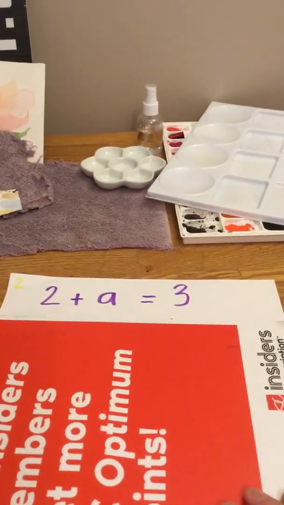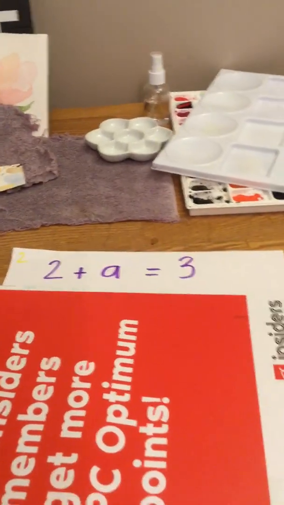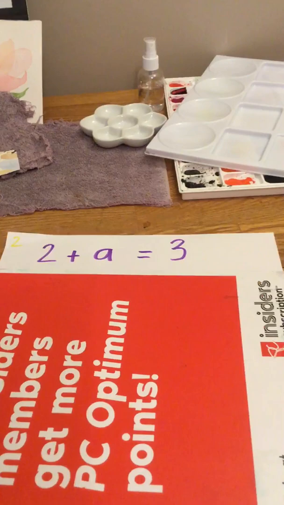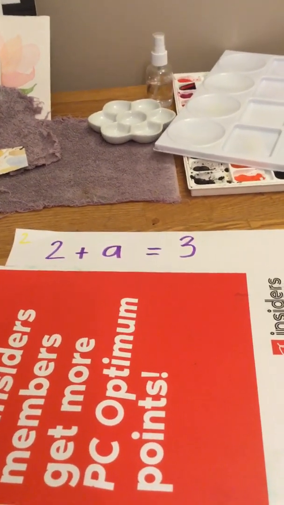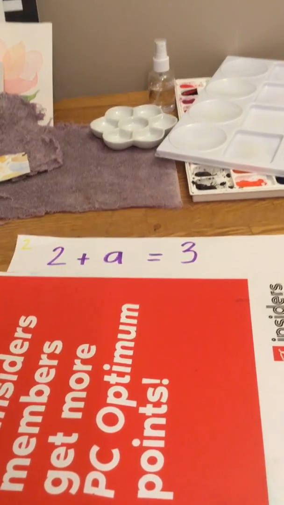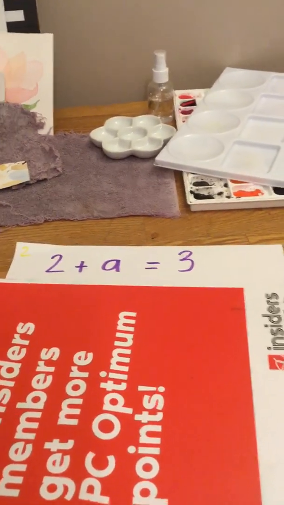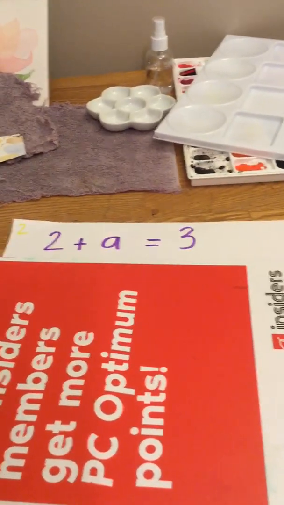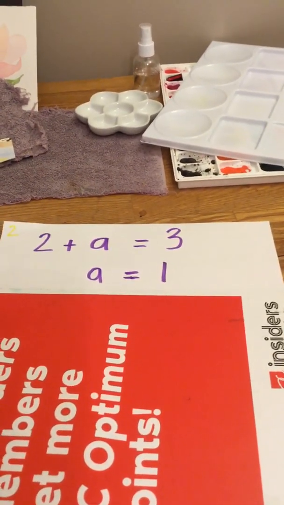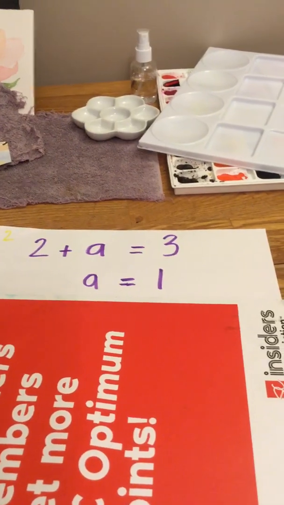Okay, so this is not an algebraic expression anymore. This is an equation. 2 plus a is equal to 3. Okay, so in this math, you're asked to solve the equation. So what's the value of a? Most of you would realize a would have to be 1, because 2 plus 1 is equal to 3.